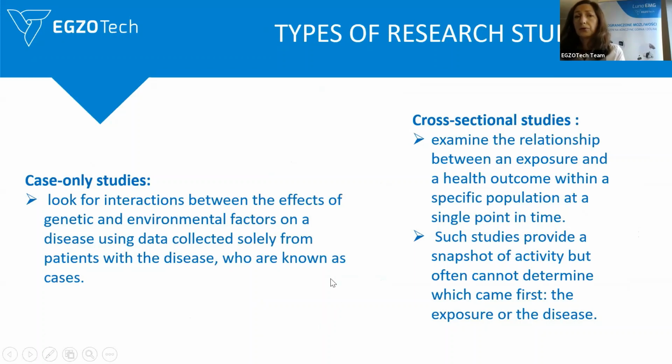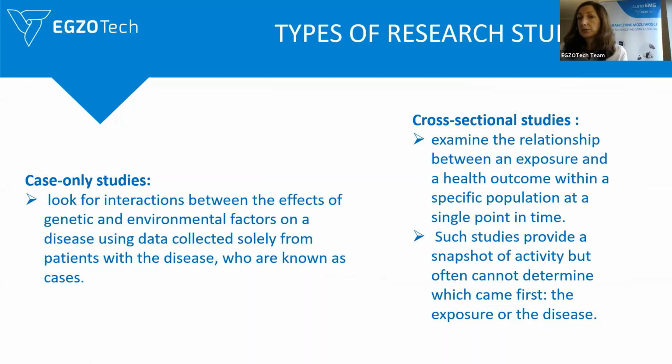Another type of research study is the case-only study. Case-only studies look for interactions between the effects of some environmental factors on a disease using data collected from patients with the disease, who are also known as cases.